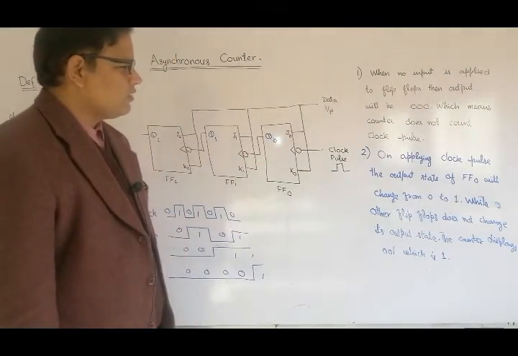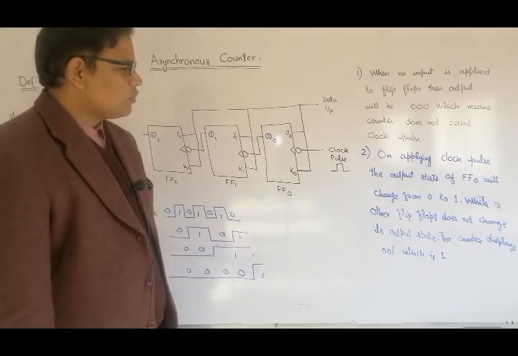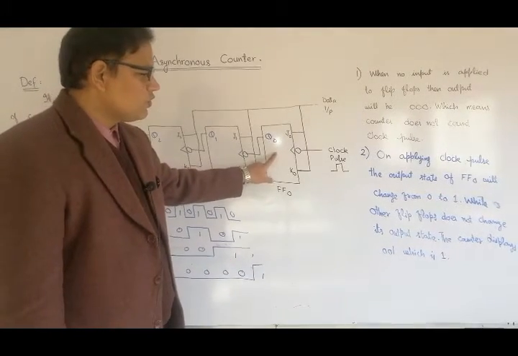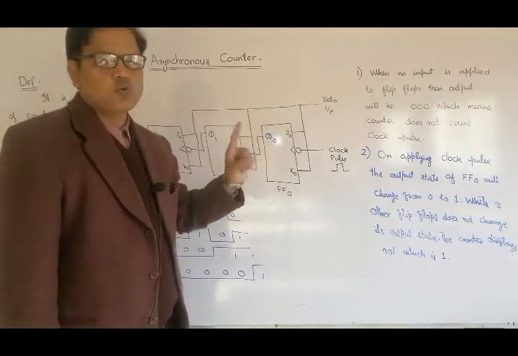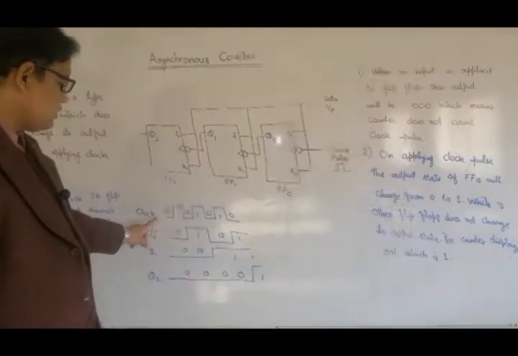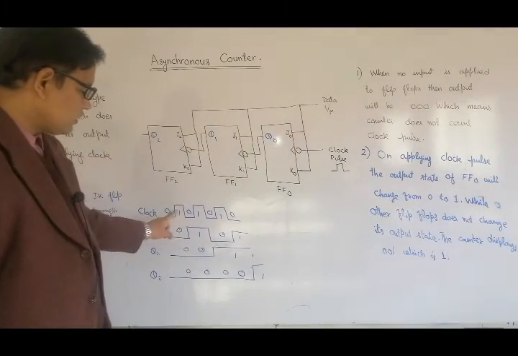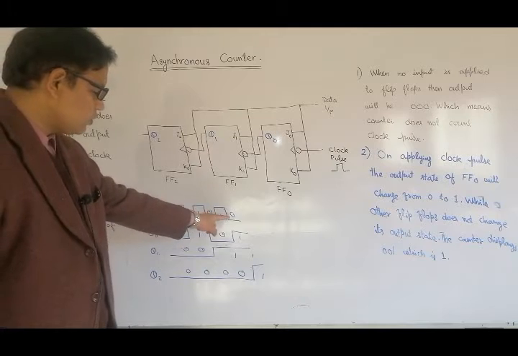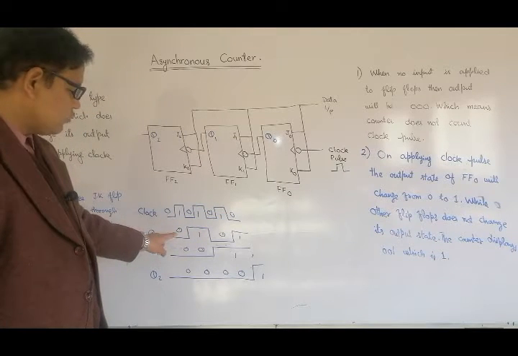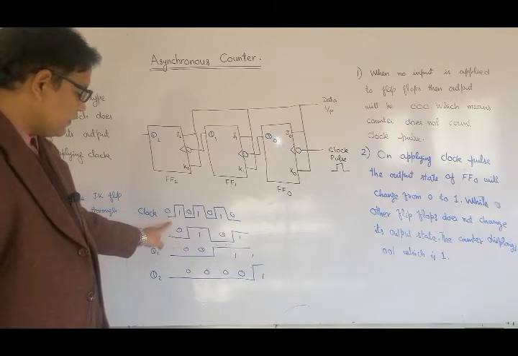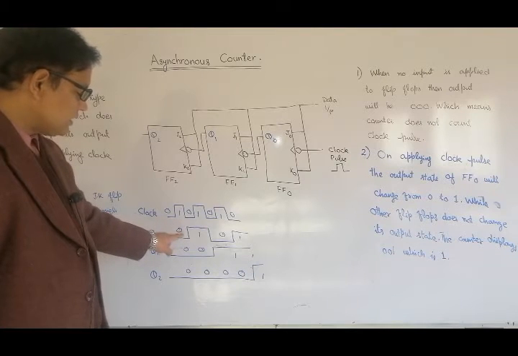In the second state, on applying the clock pulse, the output state of FF0 will change from 0 to 1. This is the clock pulse sequence 0, 1, 0, 1, 0, 1, 0. When there is no clock pulse, there is no state change, it is 0.